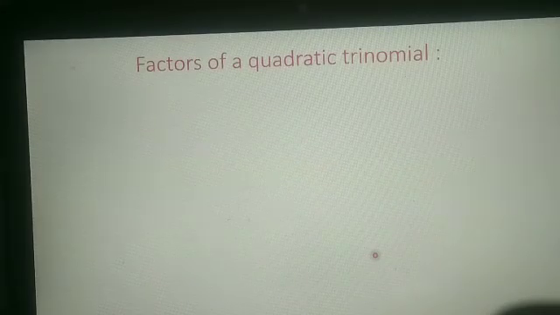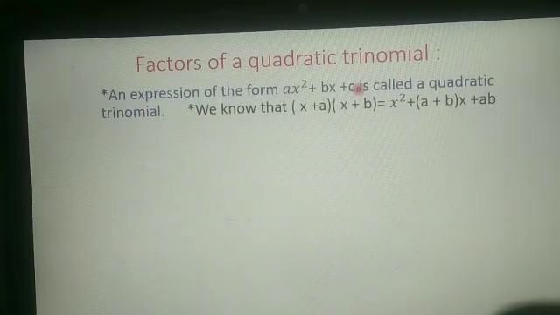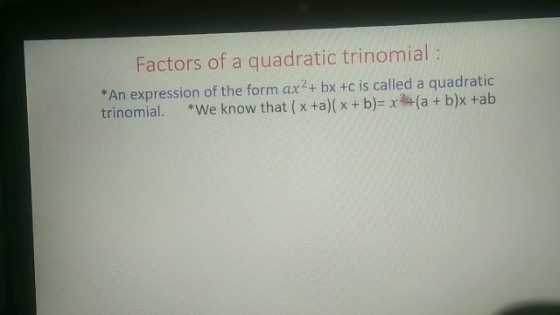So for that, let us start factors of quadratic trinomial. What is the meaning of trinomial? It means having three terms, an expression having three terms. And what is the meaning of quadratic trinomial? An expression of the form ax square plus bx plus c is called a quadratic trinomial, where a, b and c are coefficients and they are constant numbers.